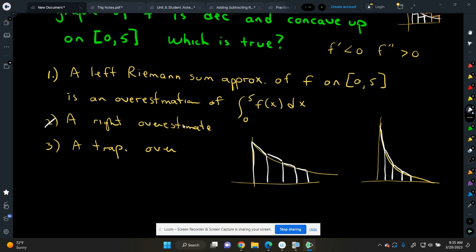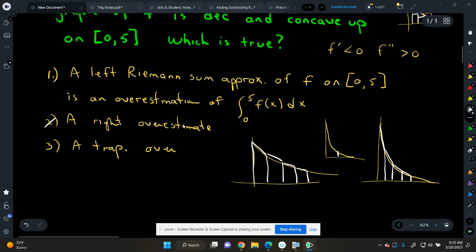I think you can even go more severe. How about this one? And here's a trapezoid here. Now we can really see it. Definitely an overestimation. Okay? So our choice is 1 and 3.